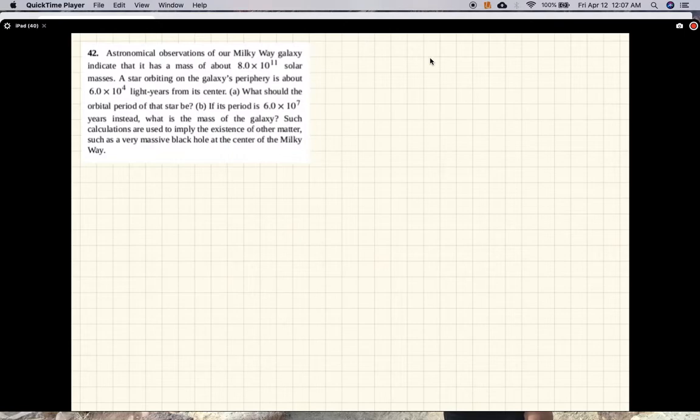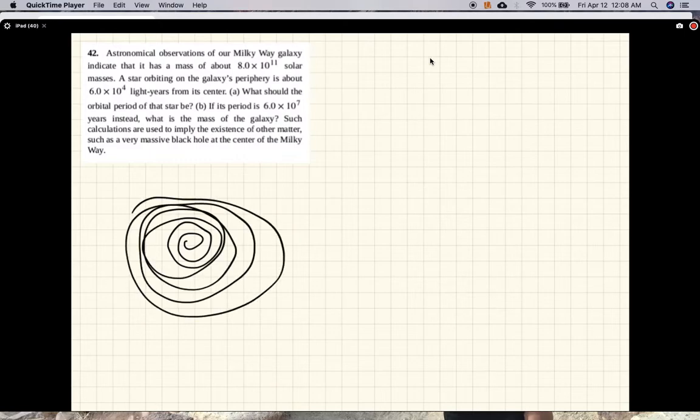So let me draw. The Milky Way galaxy is a spiral galaxy, and here's a top view of the galaxy. What is being said is a star in the periphery, and the orbital radius of this star, r, is 6 times 10 to the power 4 light years.